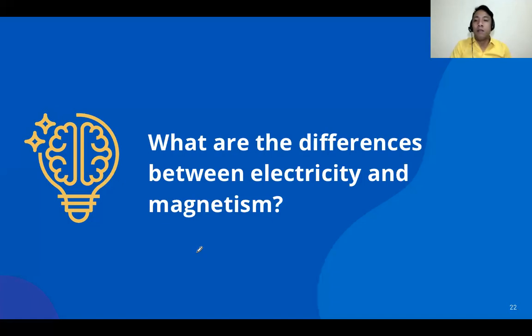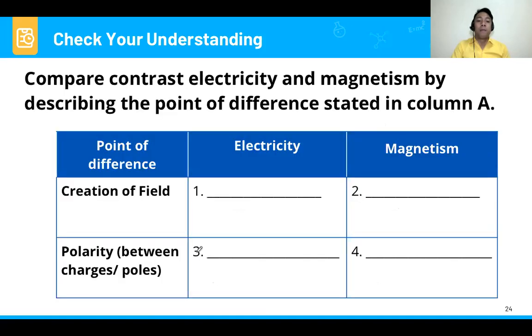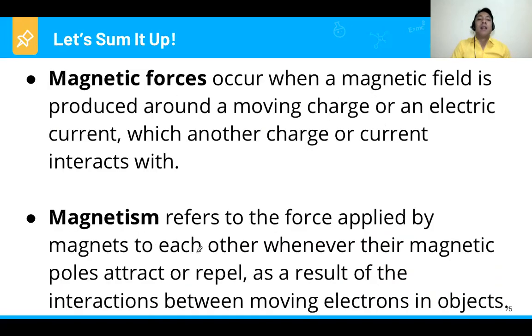Okay, this is one of your activity. This is also a part of your activity. Okay, let's solve everything. Magnetic forces occur when a magnetic field is produced around a moving charge or an electric current, which another charge or current interacts with. Okay, that is magnetic forces. When we say magnetism, this only refers to the force applied or the interaction between two magnets. Diba? So it's either they attract or repel.